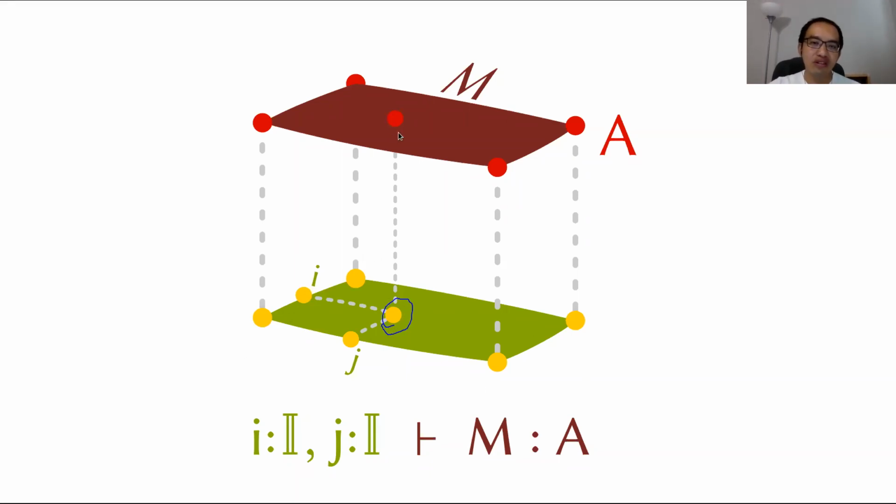And for this point, there's also a point here, and that will be the term corresponding to this pair of I and J. Together they form a square by considering the entire square, spanned by the interval in the I direction and the interval in the J direction.